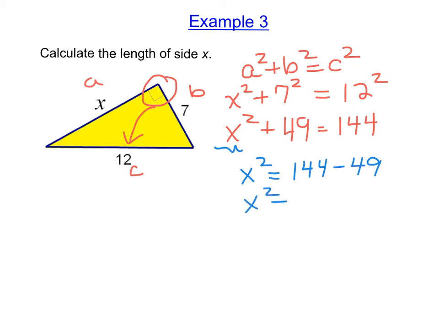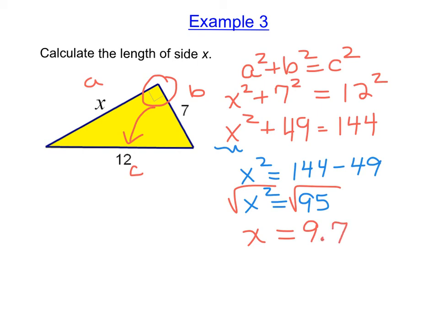And that gives me 144 minus 49 gives me 95. And again, at this point, we have to do the square root. And that gives me x equals, we're going to round that off to, it says 9.746. So I'm just going to round that to 9.7.